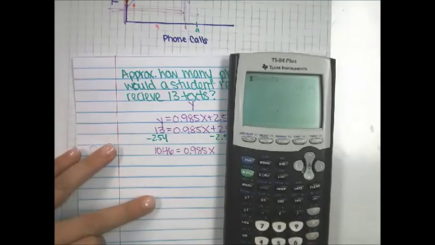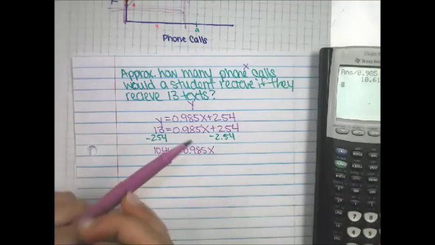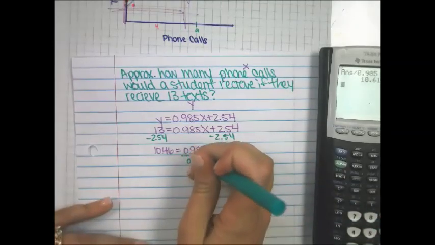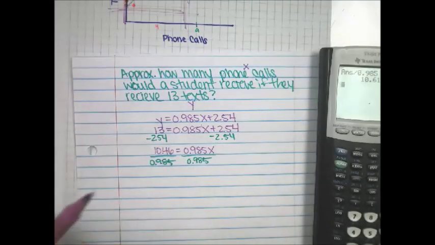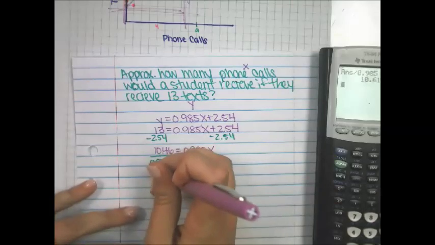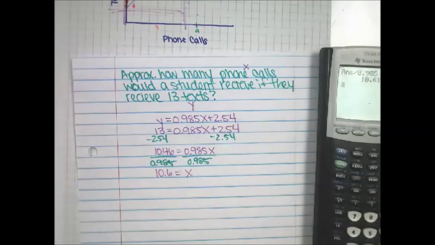Then we divide by 0.985. And we get 10.6. Okay, so we can't receive part of a phone call.